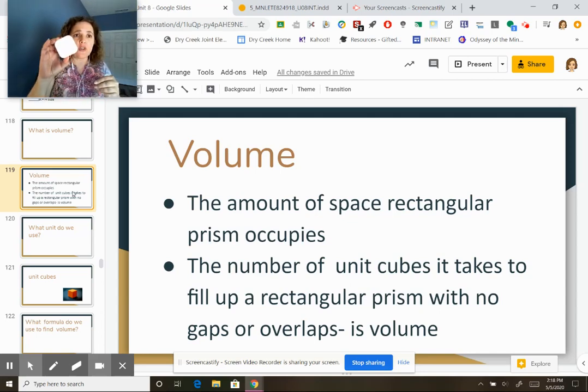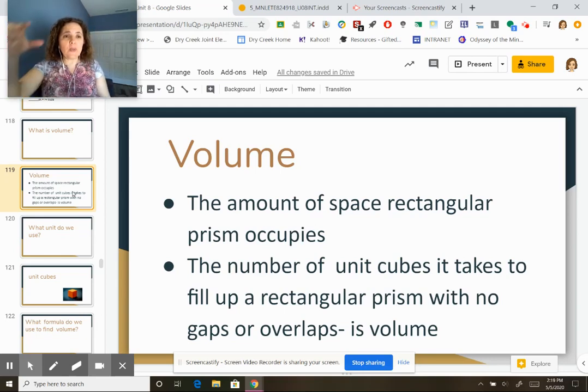So if I were going to measure this little container here, I would use the cubes and see how many cubes would go inside of it to fill it up completely with no gaps or overlaps. Okay. So that is what volume is.